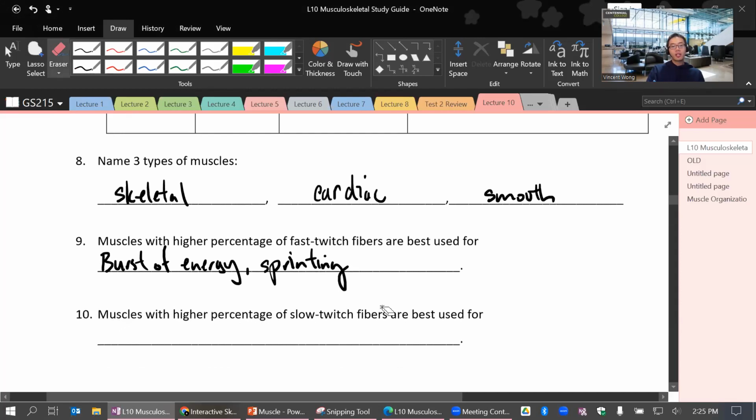Muscle with a high percentage of slow twitch fiber is good for endurance. So postural muscle, you've been sitting here for 2 hours and your back muscle is not super tired, right? That's because they have a high percent of slow twitch fiber, which props you up and continues to counteract gravity for you, as does running a marathon.